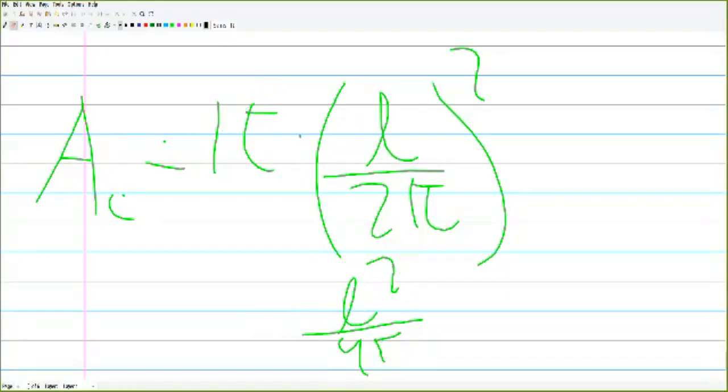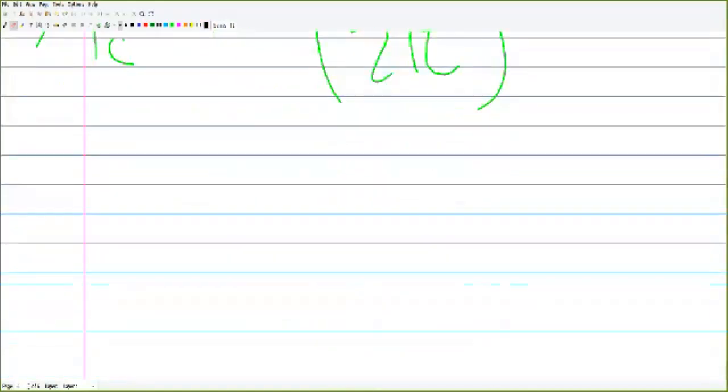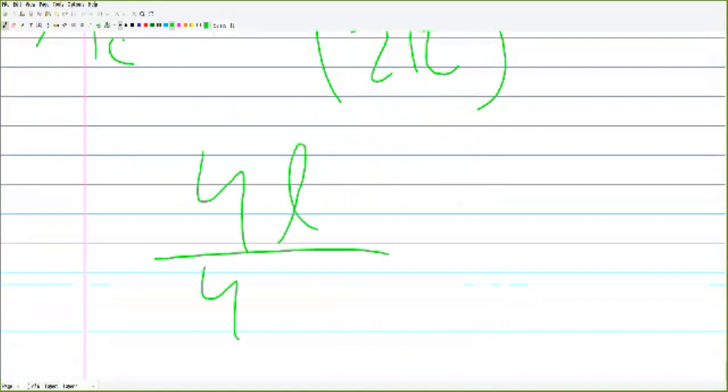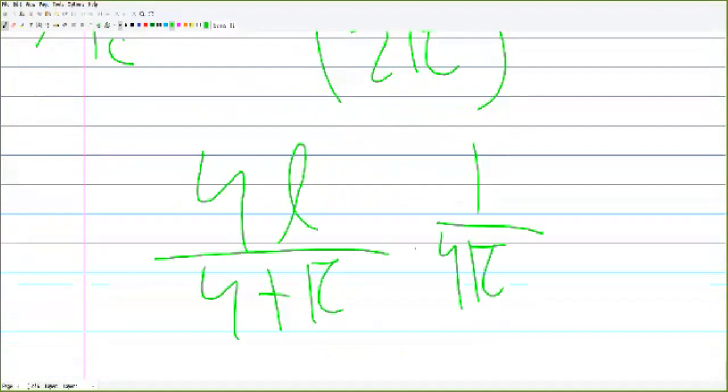That's equal to 4L. So it's 4L over 4, multiplied by 1 over 2 pi.